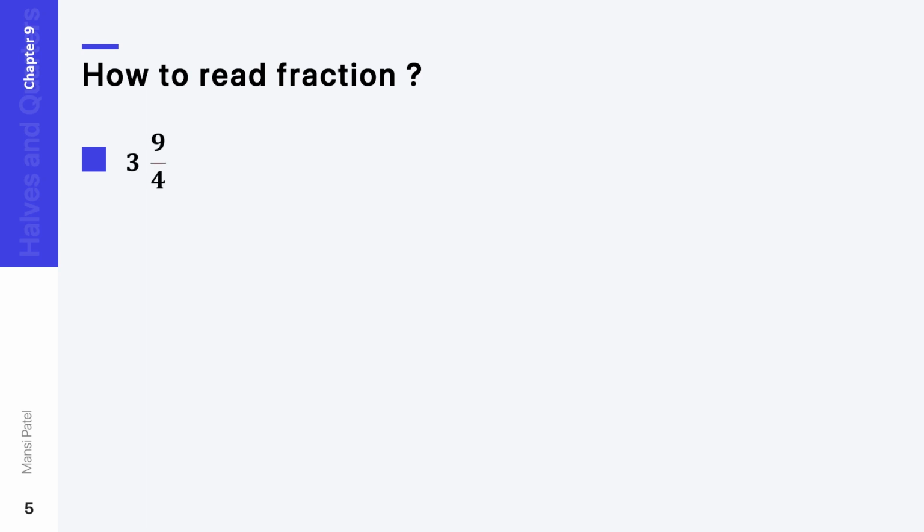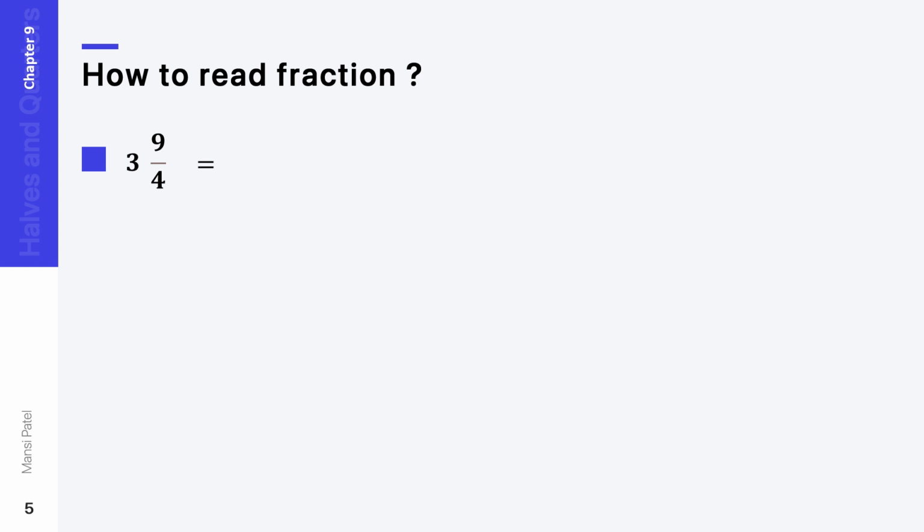Let us see our next topic. How to read a fraction. In this I am giving one fraction to you and you have to read it. So your first question is 3 integer 9/4. First we have to read the whole number. Your whole number is 3.